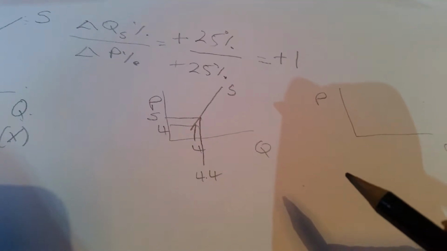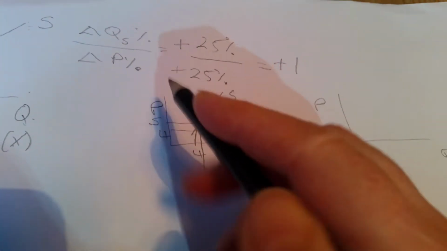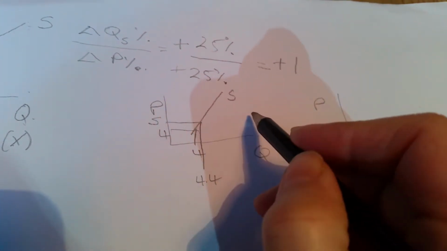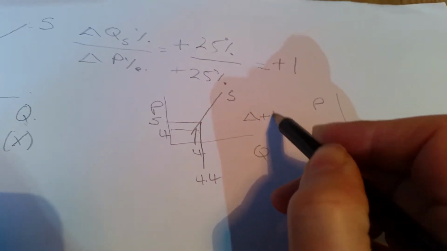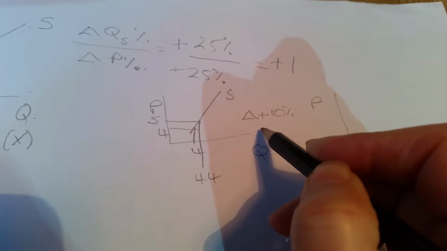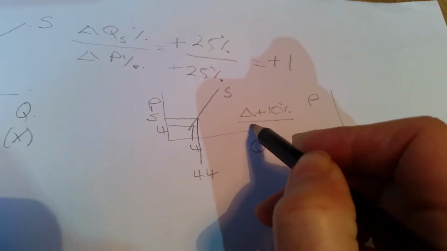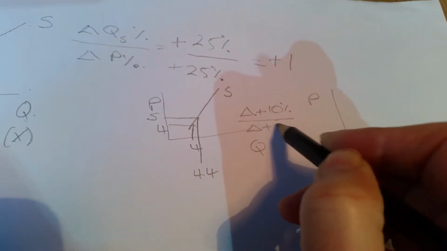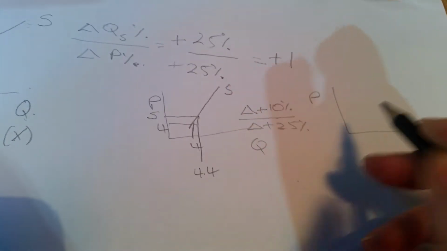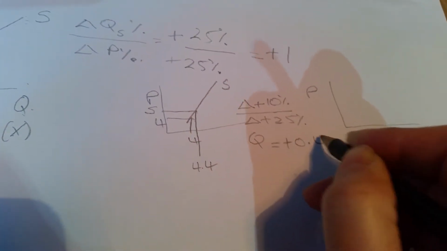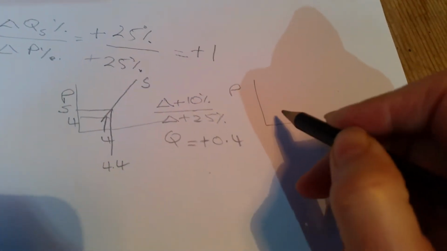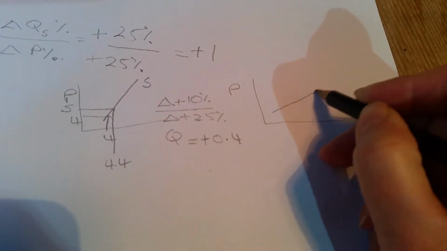So our quantity is going to be 4.4 units. So using the same formula that we used up there, we can see that we now have a 10% change in our quantity, and we have a 25% change in our price, which means that here our elasticity is 0.4.